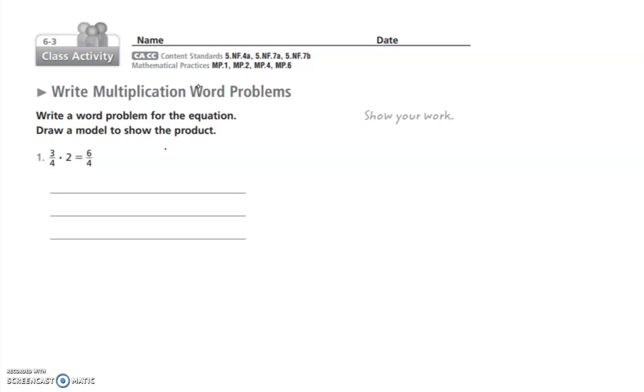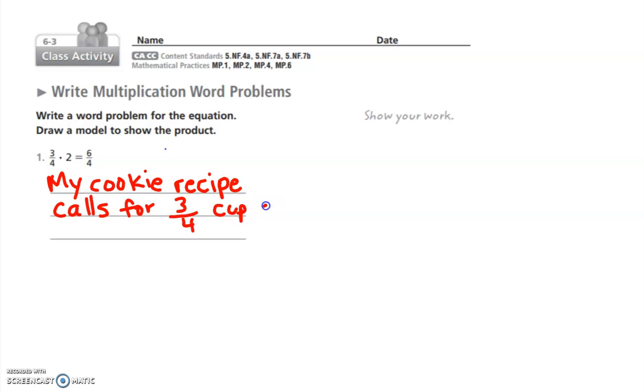You could say that you wanted to do something like, my cookie recipe calls for 3/4 of a cup of sugar. Think about how you could finish that. I've used 3/4, now I need to do the times 2.